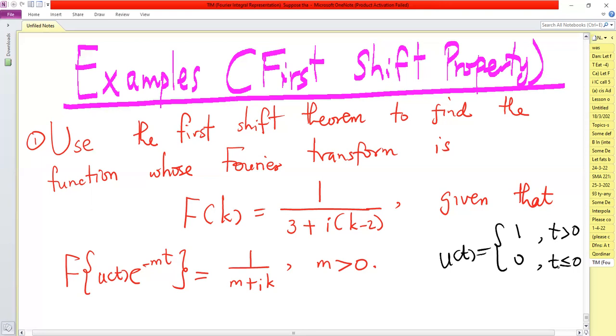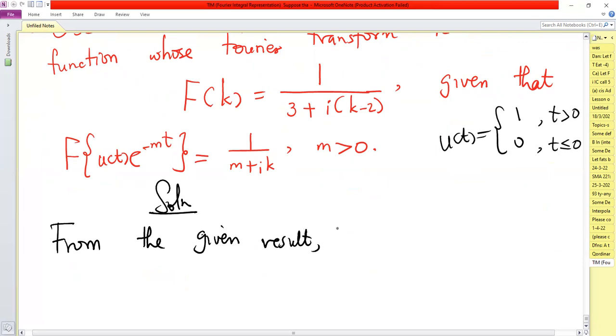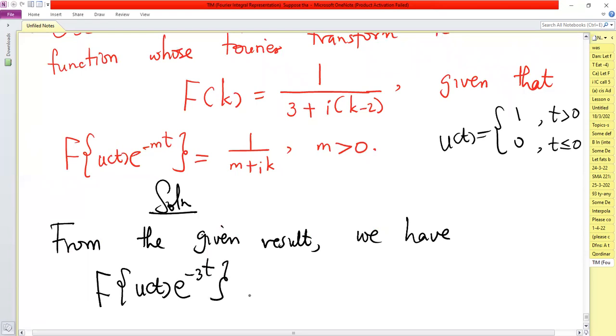So now, to solve this, from the definition given, we have the Fourier transform of u(t)e^(−mt). Now, when you let m be 3, so we'll have e^(−3t), should give us 1 over, where there's m, we put 3 + ik.